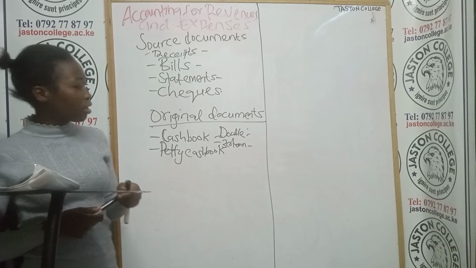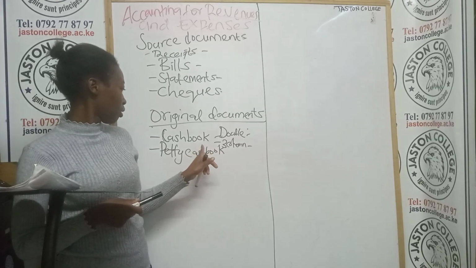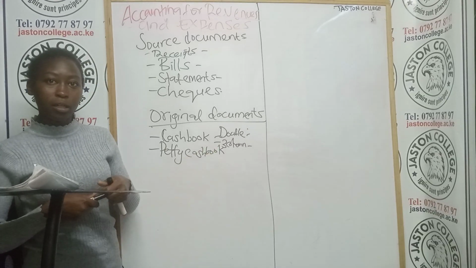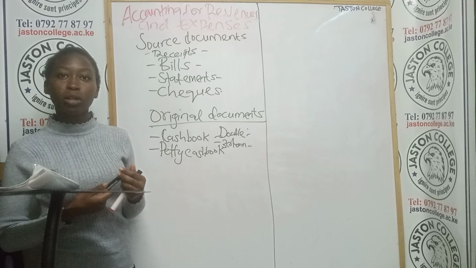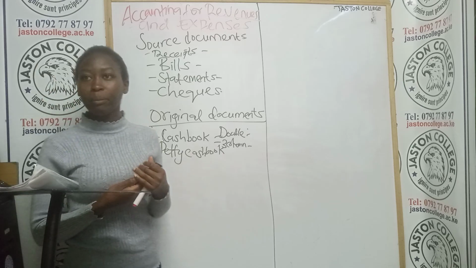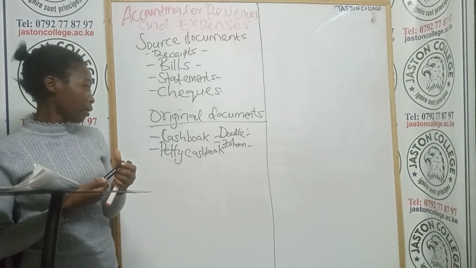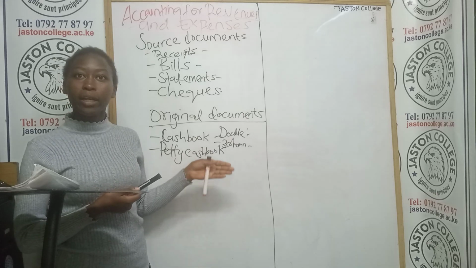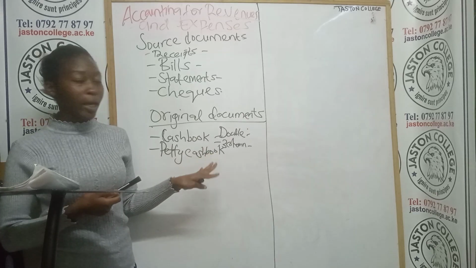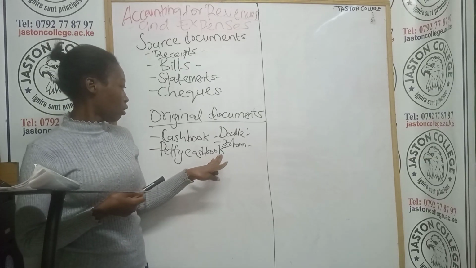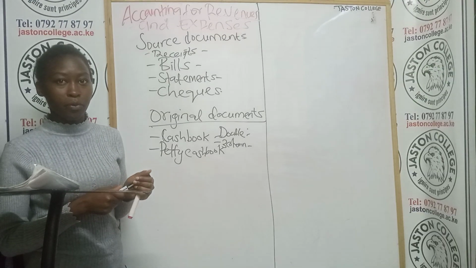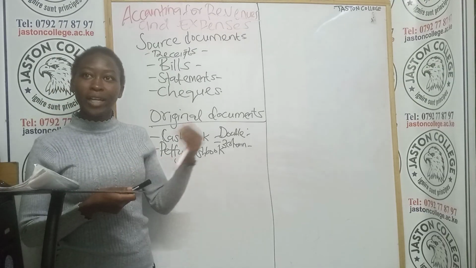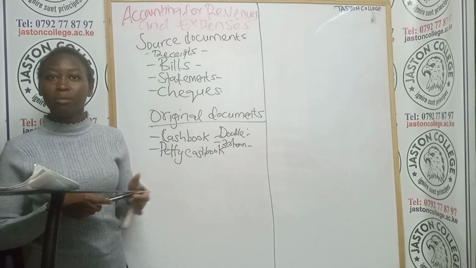Also in our cash book, we have a petty cash book. Our petty cash book is used to record transactions or payments that we make or we incur in our business which are short term. That means they cannot wait until the end of the year so that they be paid.